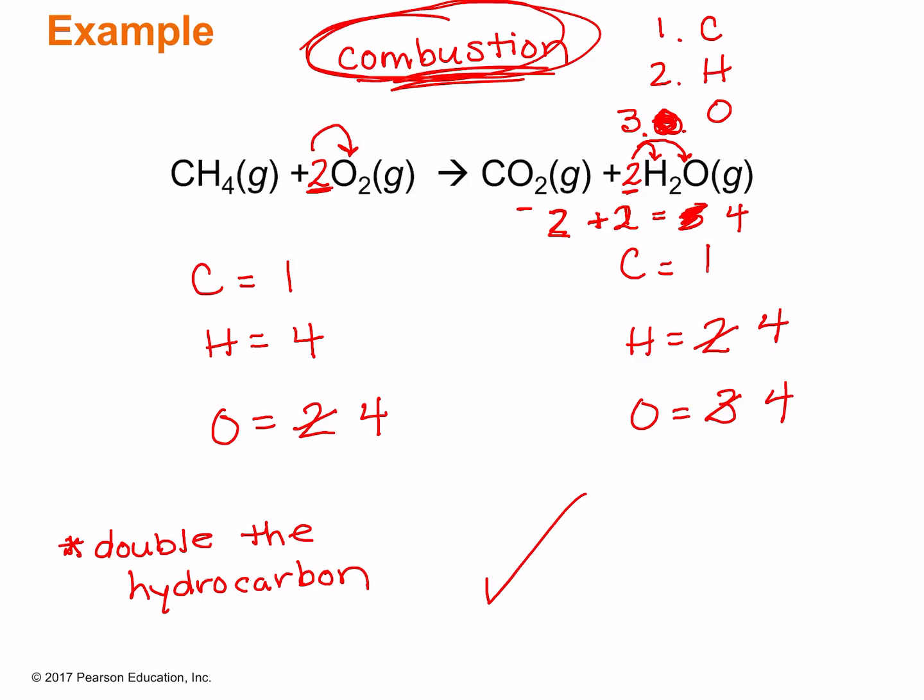It may also sometimes have oxygen, but it always has carbon and hydrogen. And that's usually going to be this guy out in the front. So if you get stuck, put a 2 in front of whatever the hydrocarbon is, and then try and balance it. But when you put a 2 out front, erase everything else that you've done. Go back, start over, put a 2 in front of the hydrocarbon. And usually that will fix a lot of your problems with combustion reactions.